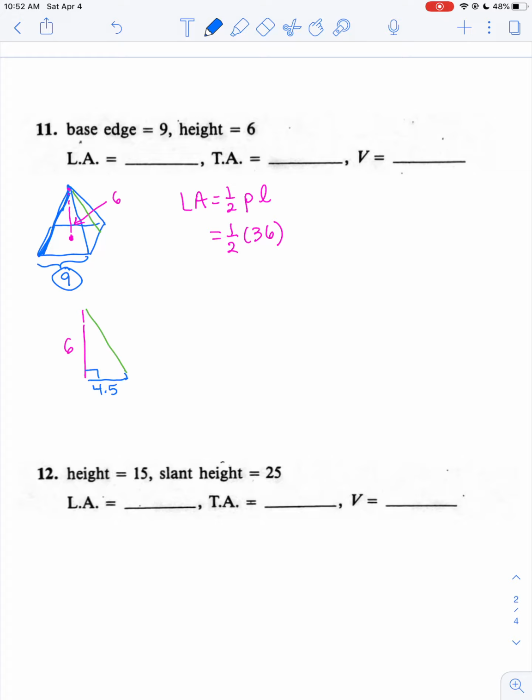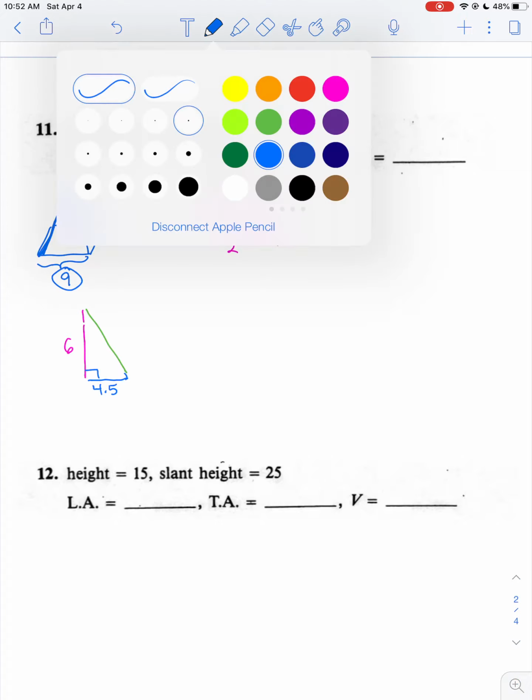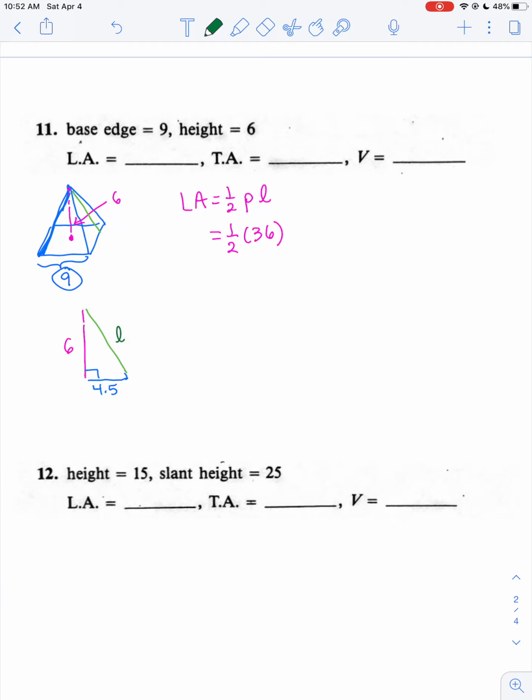So what we can do from there is find the length of our slant height by using the Pythagorean theorem. So 6 squared plus 4.5 squared is equal to L squared. L squared is equal to 56.25. L is equal to 7.5.